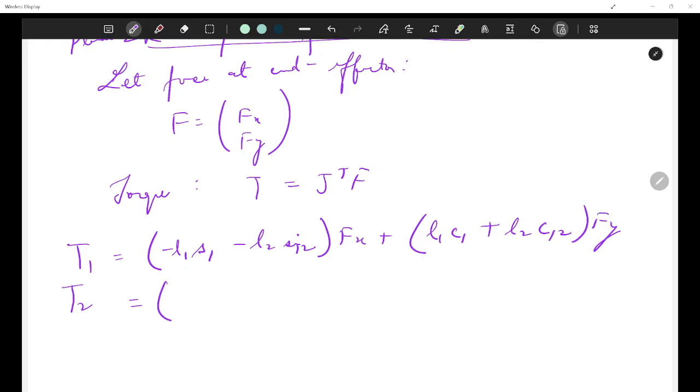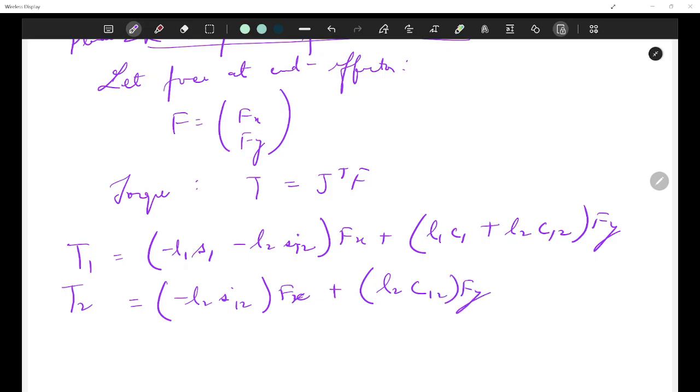So torque 2 would be minus L2 sine (theta 1 plus theta 2) into Fx plus L2 cos (theta 1 plus theta 2) into Fy.